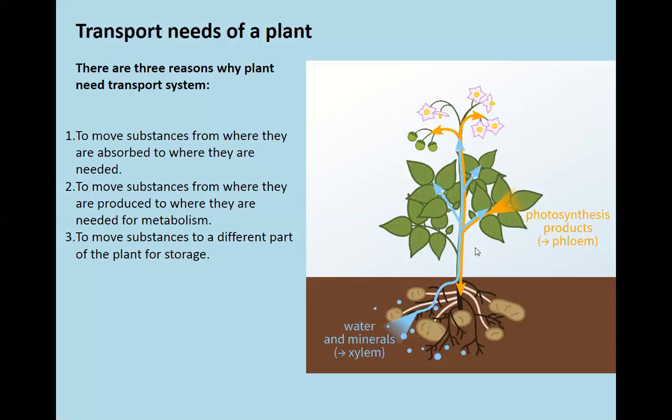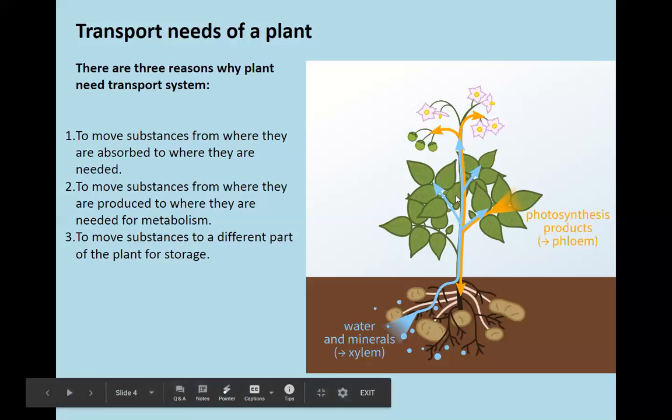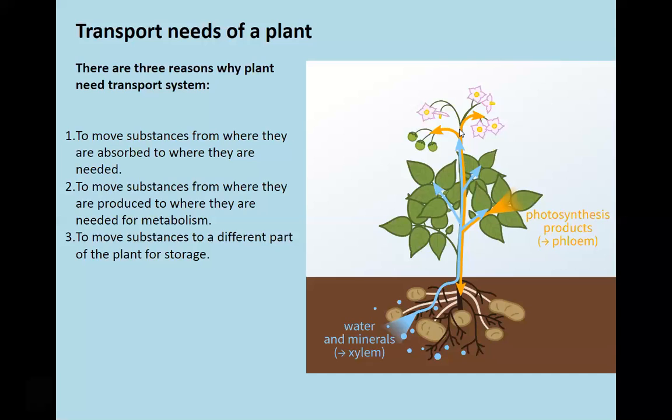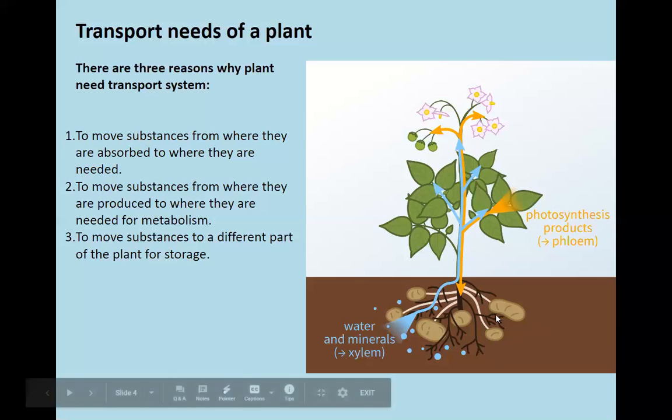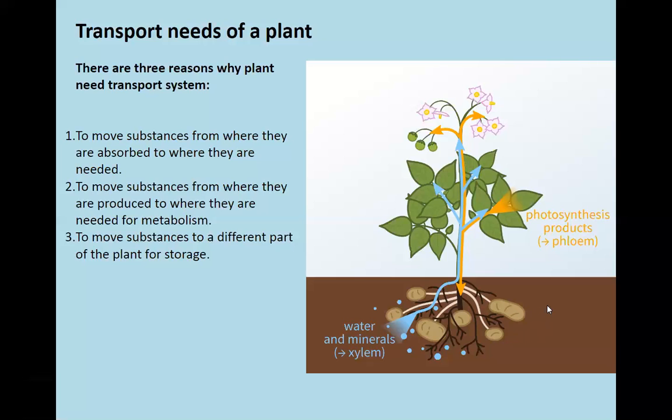The sugar might move down into the roots in the soil, or it might go up to the flower. The third reason is to move substances to a different part of the plant for storage, and I gave you the example of the potato tubers. So these were the reasons why plants need a transport system.